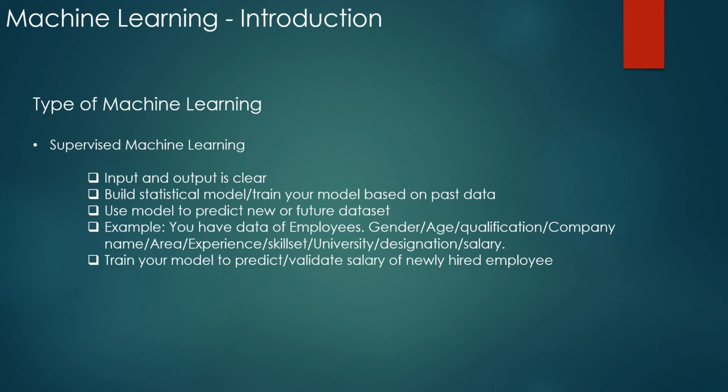When we want to know the salary of some new employee or unknown person, we pass the same input information as in the previous data set, the gender, age, qualification, area, experience and all those except the salary. The machine learning model feeds that data through the statistical formula derived from the past data, and gives the prediction of the salary. Okay, so this is an example of supervised machine learning.